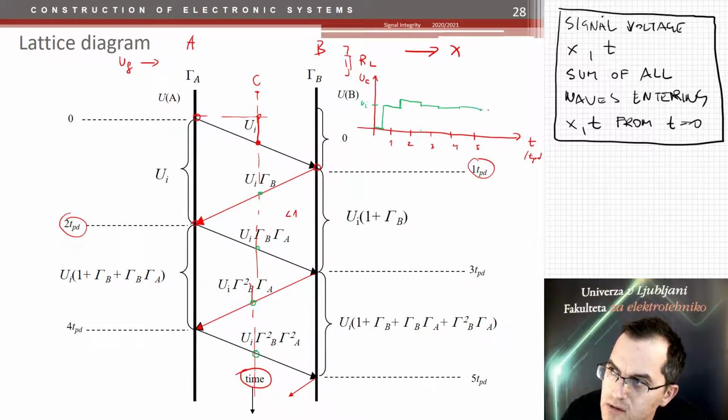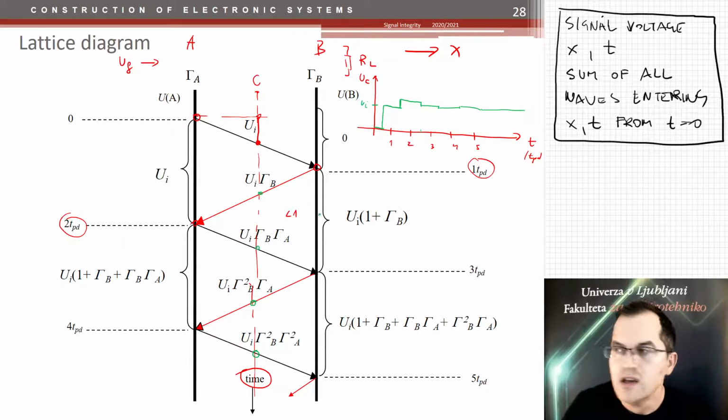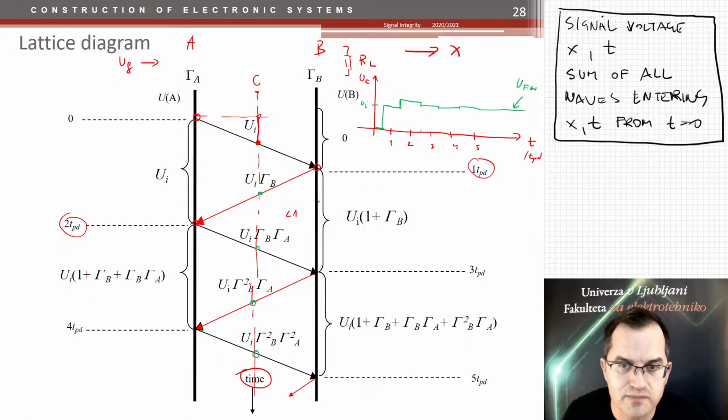And so on and so on. And finally we get a constant value. So what we got at the end is some final voltage, which we have to check how much it is. And I followed a very simple rule, and that is the sum of all waves entering that position until a certain time is the voltage at that time.